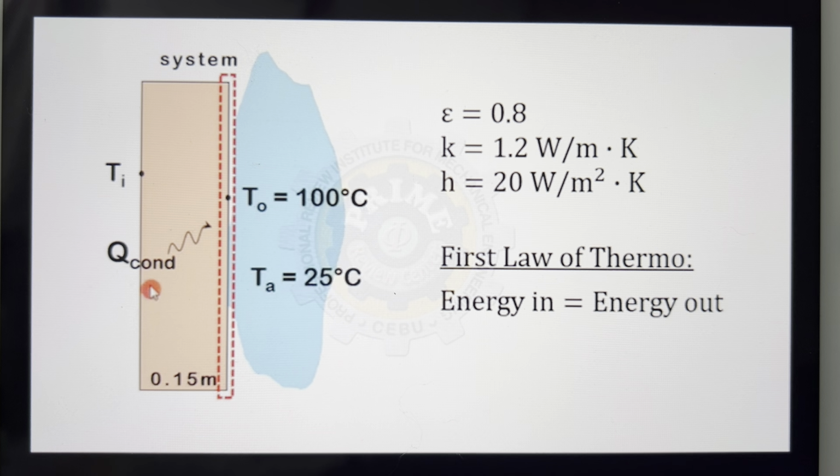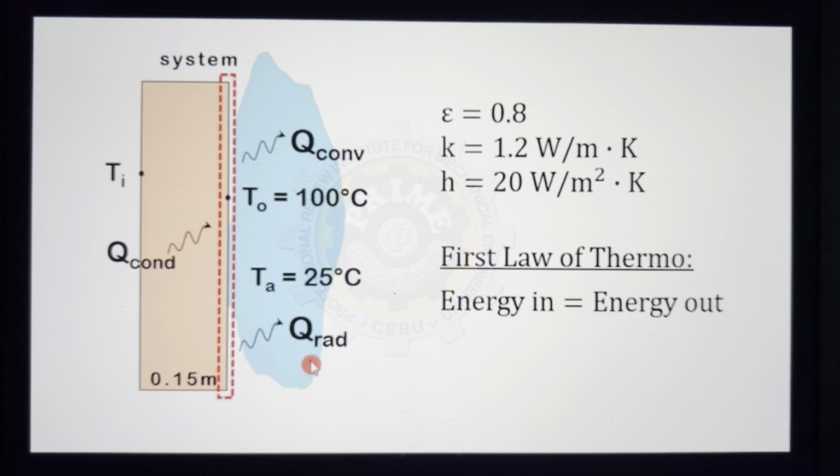Q due to conduction. Then take note, it is clearly stated in the problem na merong heat transfer between the outside surface and the ambient air, and that is due to convection. Then given tayo ng h, which is the film coefficient between the outside surface and the ambient air. Then since merong temperature difference between the outside surface ng wall as well as the ambient air, magkakaroon din yan actually ng heat transfer due to radiation.